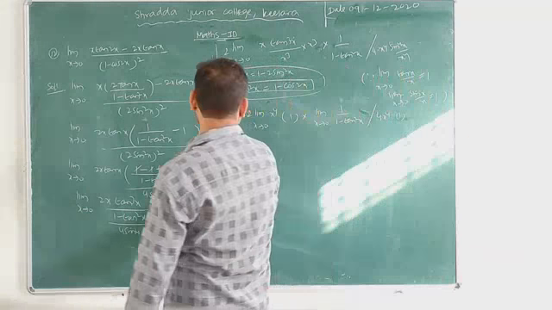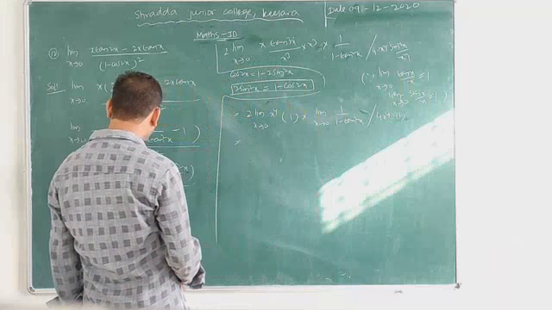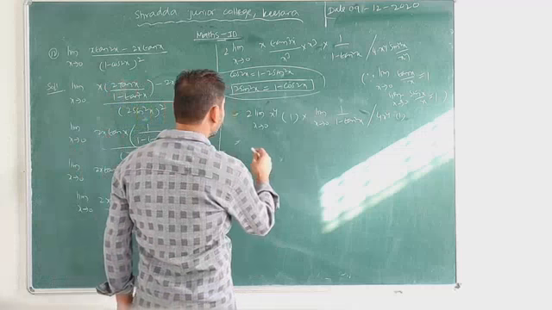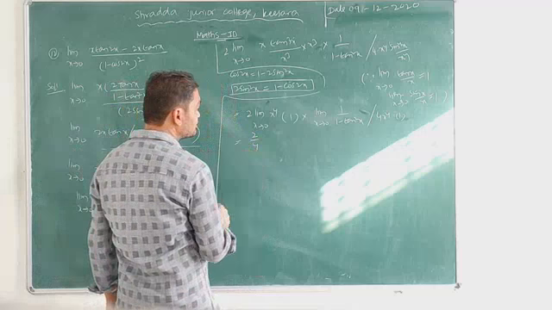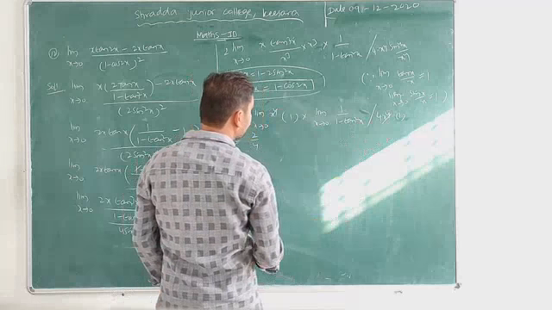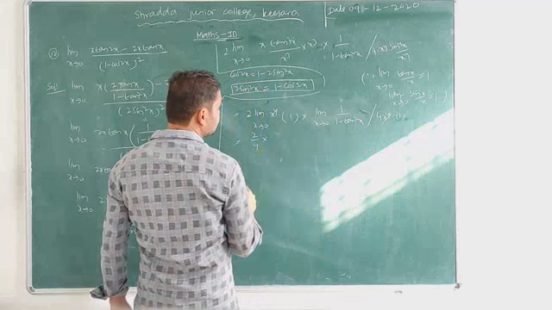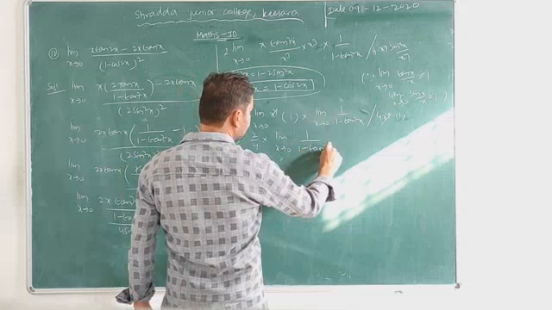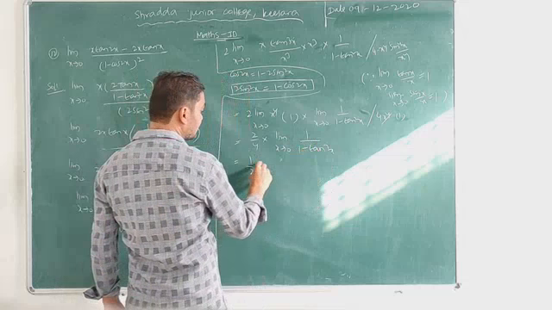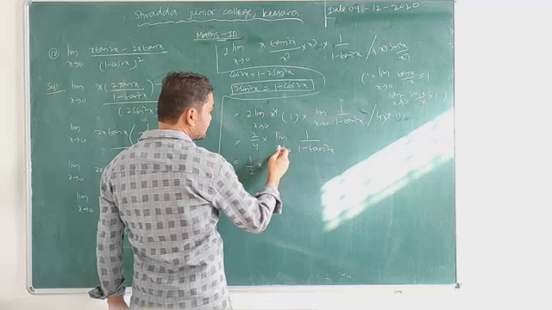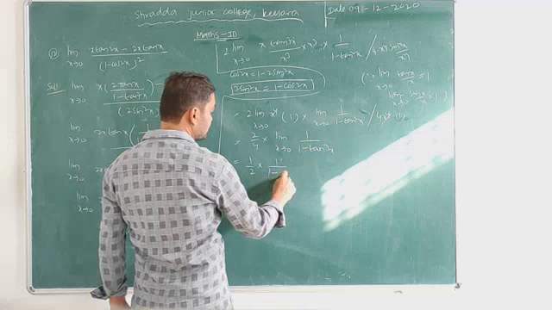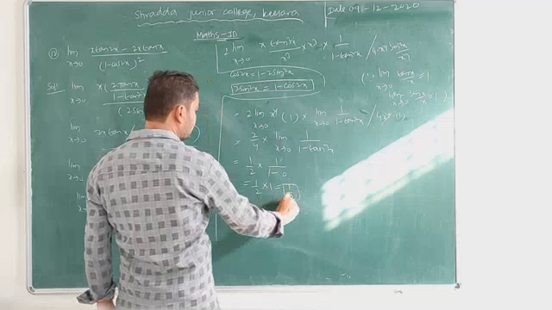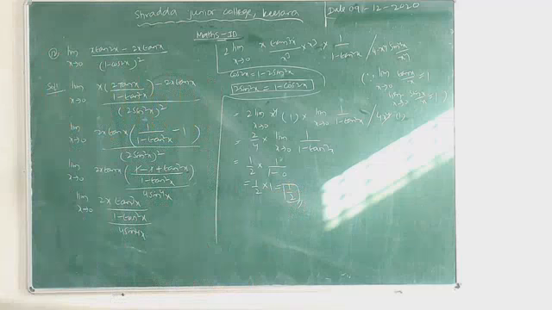So now we have 2 by 4, x power 4 gets cancelled, into limit x tends to 0, 1 by 1 minus tan square x. 2 by 4 means 1 by 2. Now x tends to 0 means x value is 0, and tan square 0 is 0. Now 1 by 2 into 1 equals 1 by 2. This is our required answer.